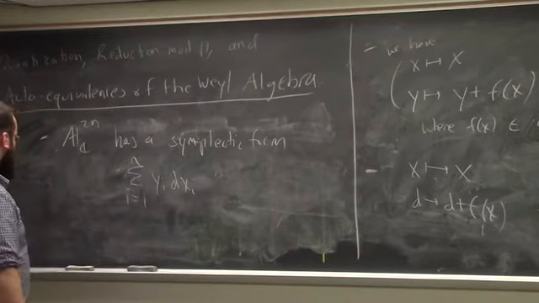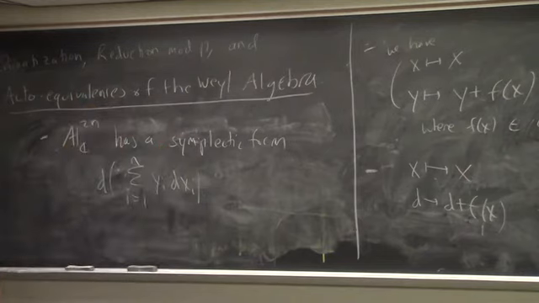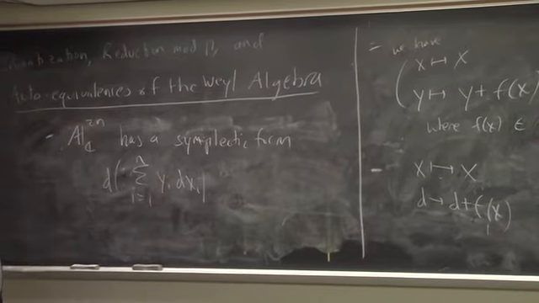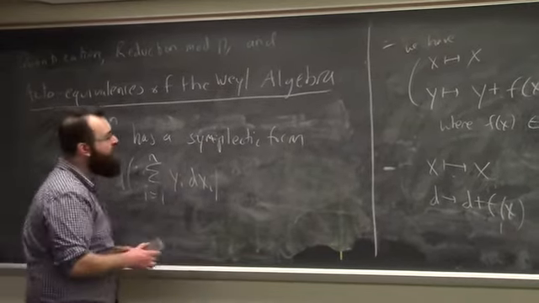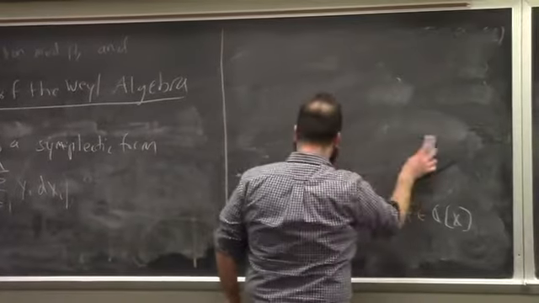Oh, sorry, d of this. Thank you. That would be a one form, sorry, a 2-form. So this has a natural non-degenerate 2-form, and what I want are the automorphisms which preserve this form.